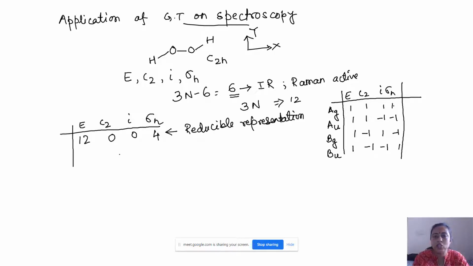This is Ag, A because it is plus 1 under C2, g gerade because this is plus 1 under i.